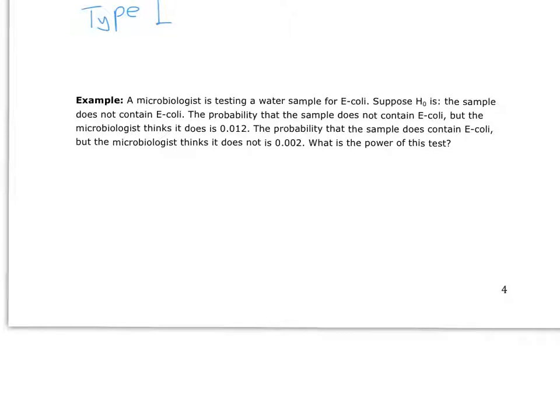Let's write out what the null and alternate hypotheses would be. They give us the null as the sample does not contain E. coli, so we'll say no E. coli for the null hypothesis, and for the alternate, the sample does have E. coli. So we'll write it out like that. Now we're given a couple of outcomes and their probabilities.